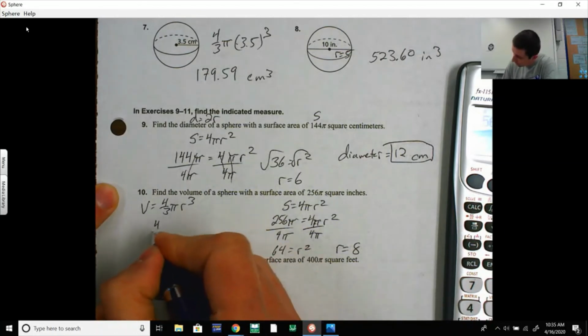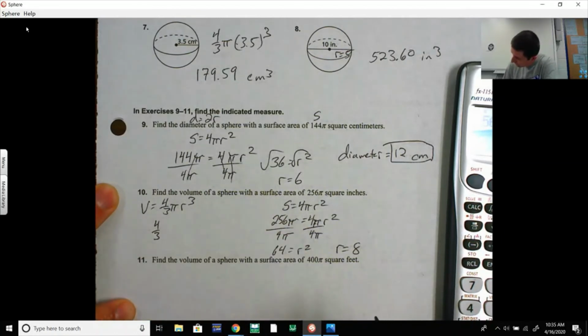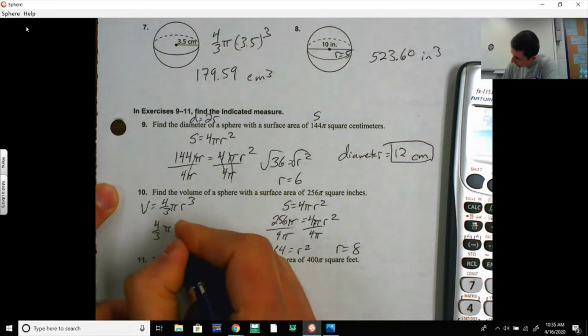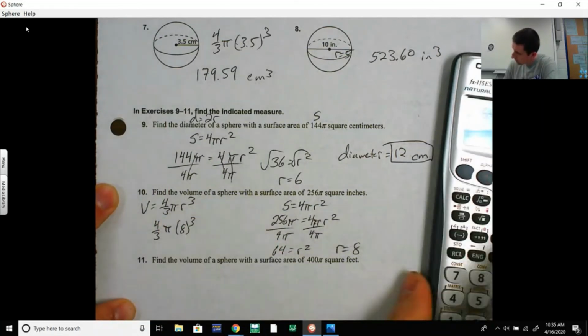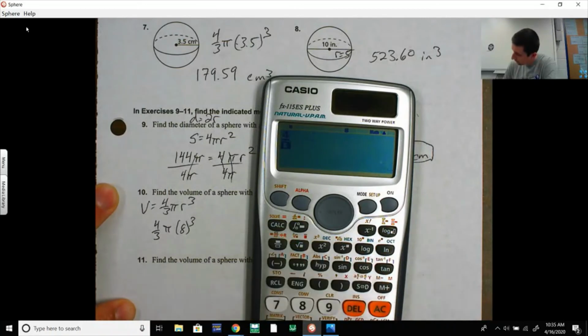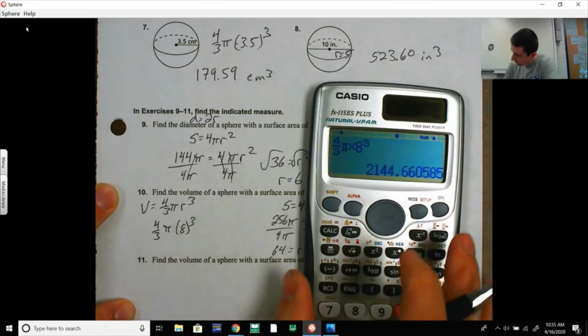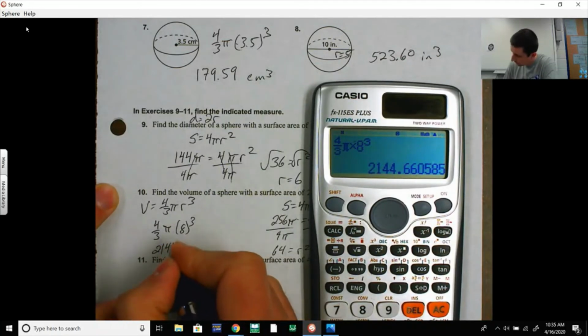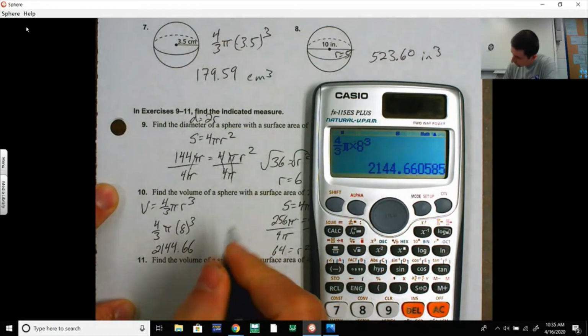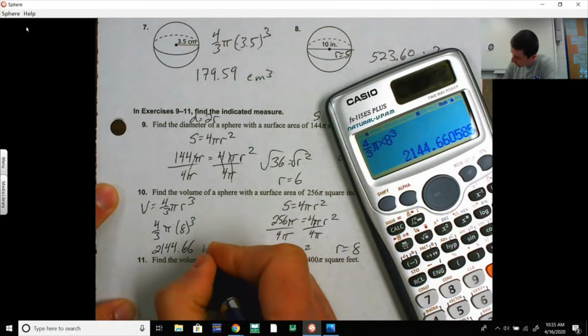So that's 4/3 pi times 8 cubed. And we get 2144.66 cubic inches.